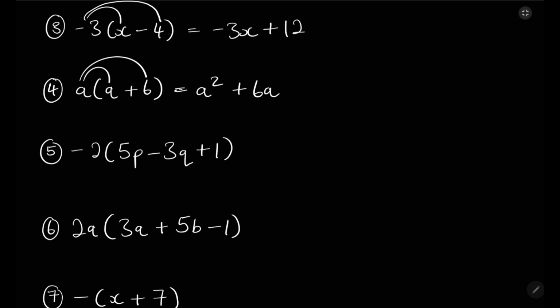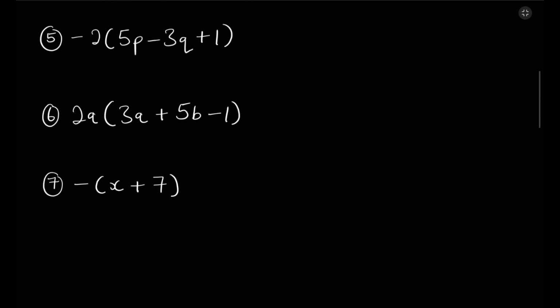Now let's try the fifth example: negative 2 times (5p minus 3q plus 1). We still use the same rule. We will say negative 2 times 5p. What is negative 2 times 5? It's negative 10. But we have a variable, which is p, so we have to write down that variable.